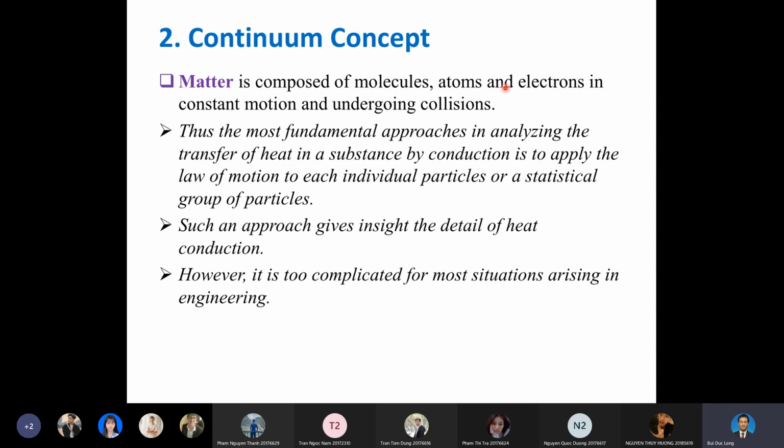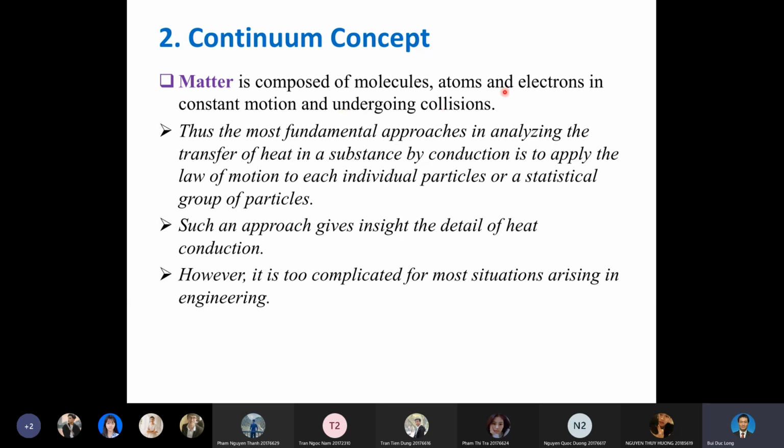We have the continuum concept. For matter, we have to define some concepts. First, matter is composed of molecules, atoms, and electrons, in constant motion and undergoing collisions.